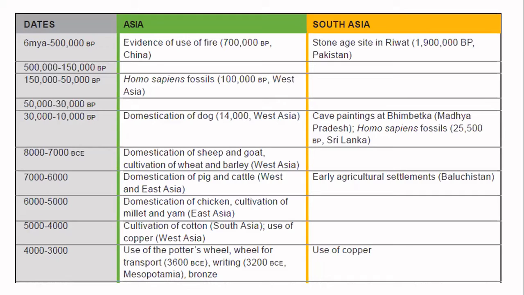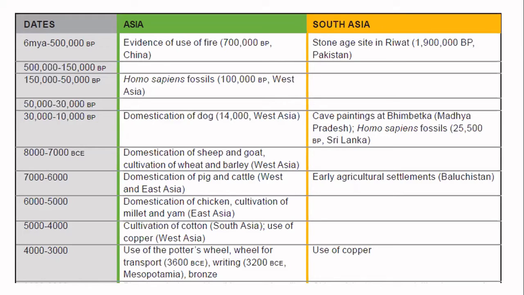Then 7,000 to 8,000 years before common era, we have seen evidence of domestication of sheep and goat and cultivation of wheat and barley. This happens in West Asia.